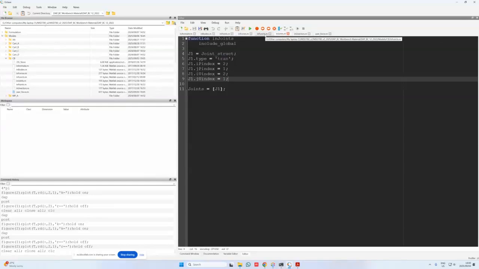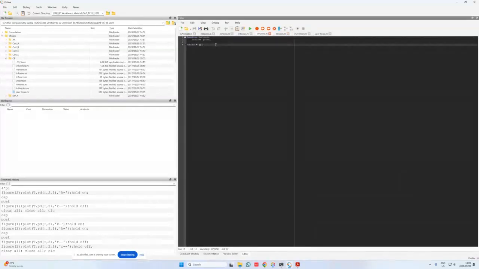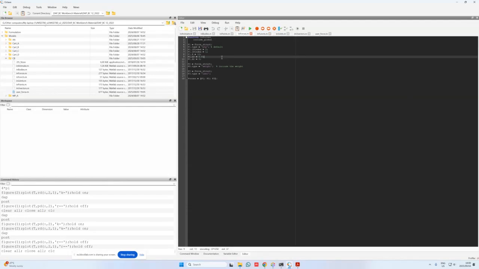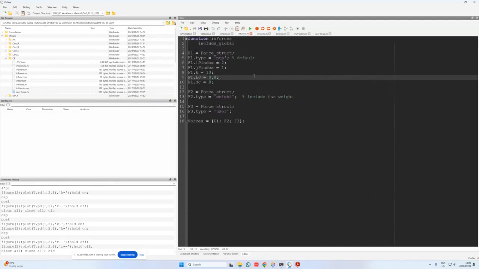Okay, now once this is done, I can also just have a look at infuncts. I'm not applying any driver constraints on the system, so therefore the funct is an open list. If I then also look at in forces, in this case, I'm first going to define my point-to-point force that I have in the system.